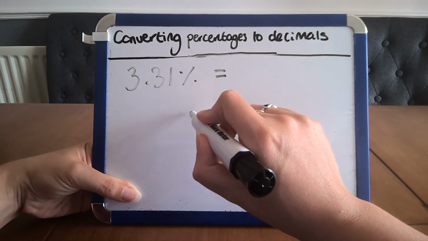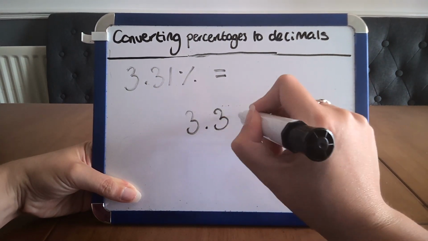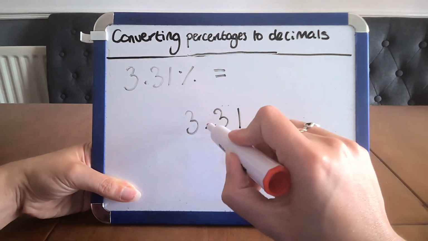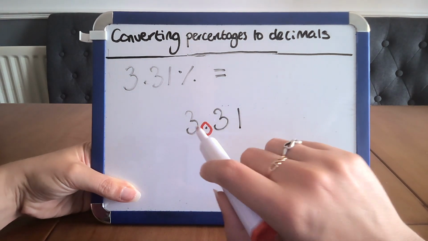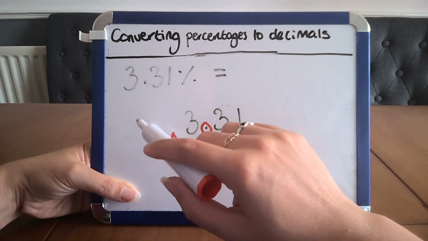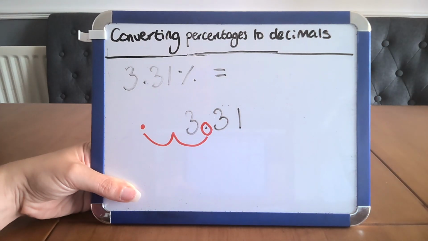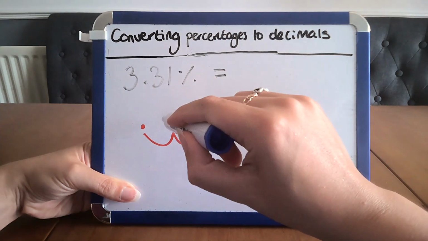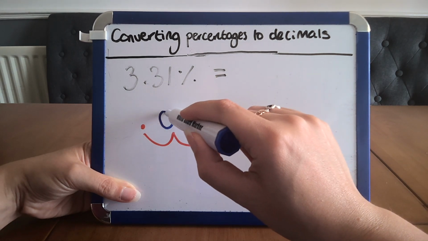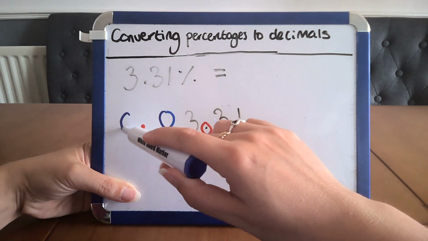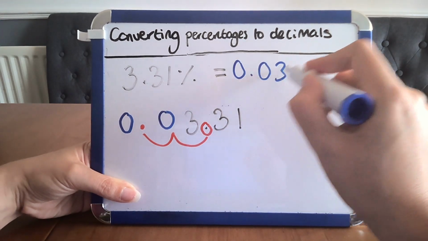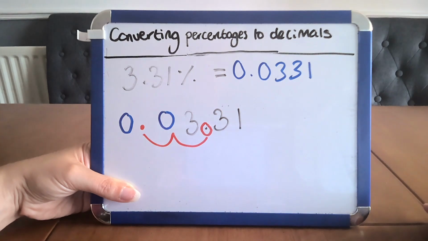So we take our number, but this time we already have a decimal point, which is here. So we move this decimal point that we already have 1, 2. So it ends up over here. As you can see, we have a gap. So our new answer is 0.0331.